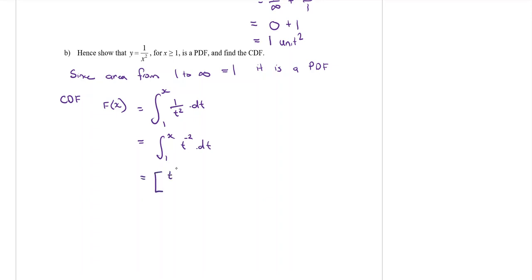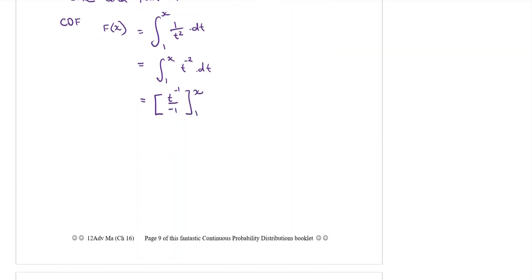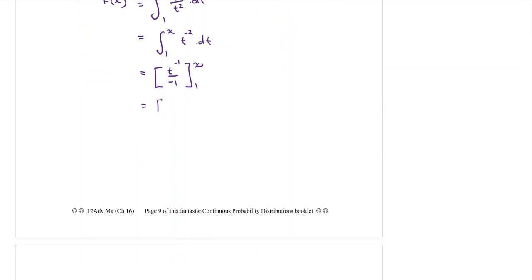Adding 1 to the power would be negative 1 over negative 1 between 1 and x. Putting it back into nicer form, we would get negative 1 over t between 1 and x, and then subbing in, we get negative 1 over x minus minus, which makes plus 1 over 1, which is 1. So that would be the equation of the CDF.